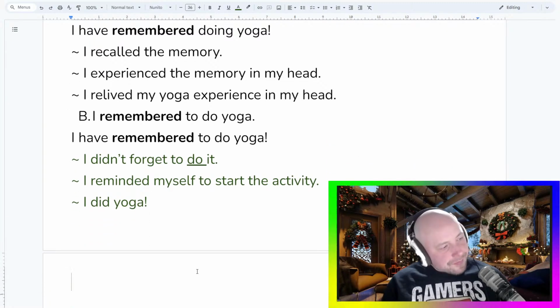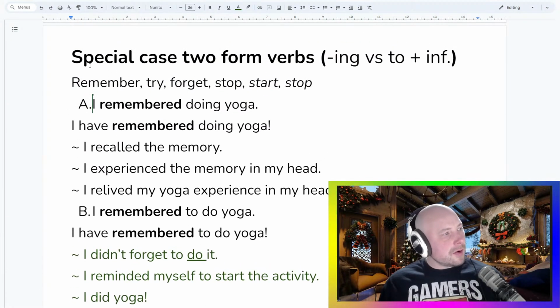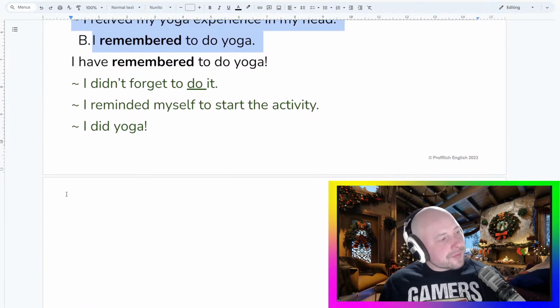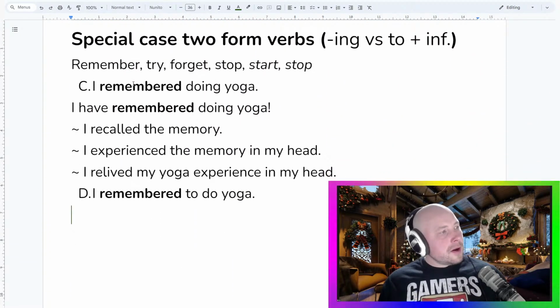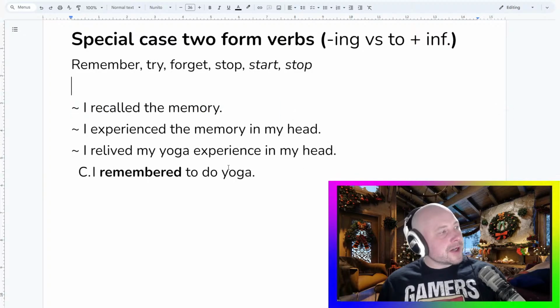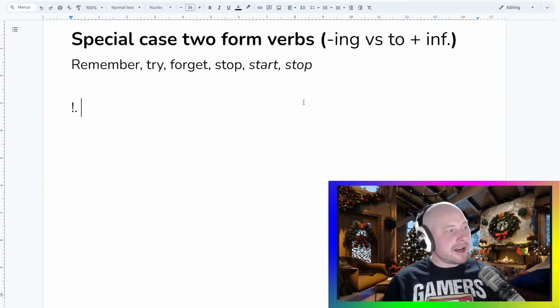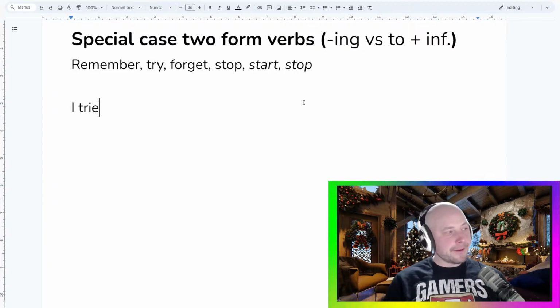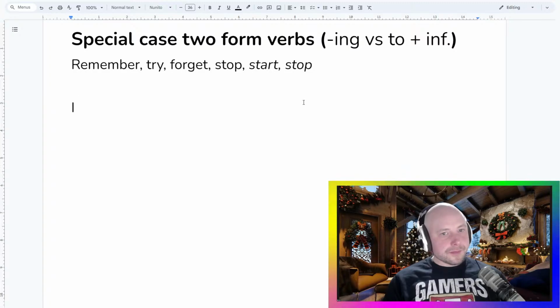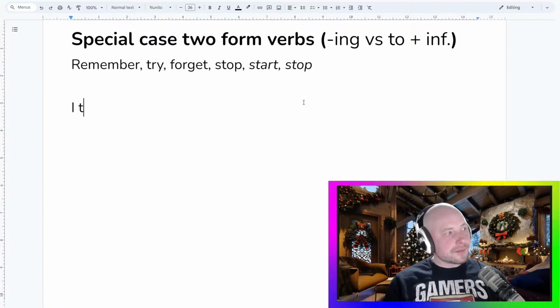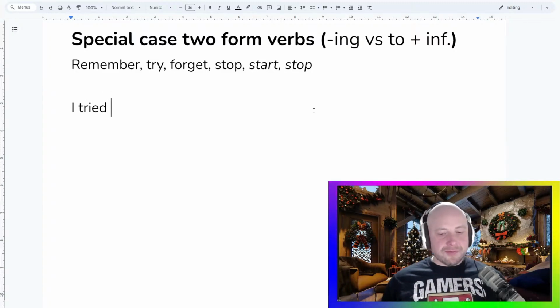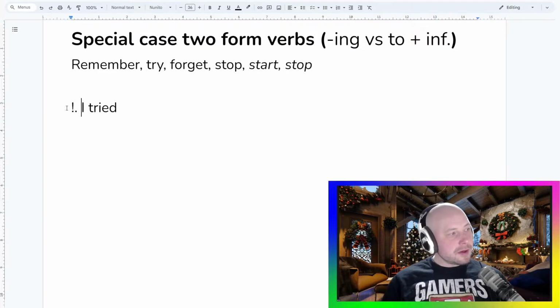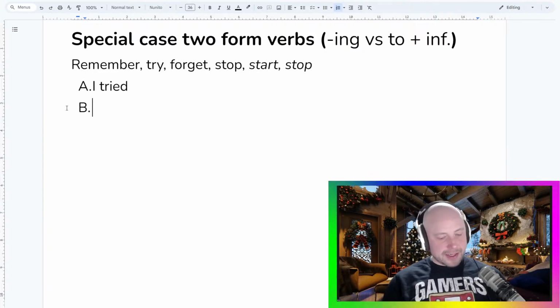Let's try another one. We should do try. Can someone give me an example using try related to the subject of health?